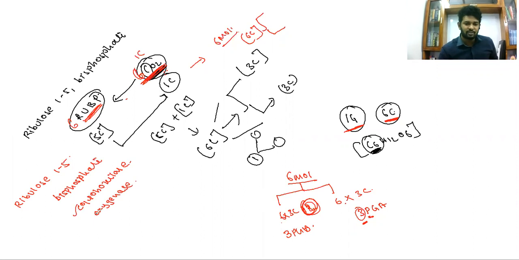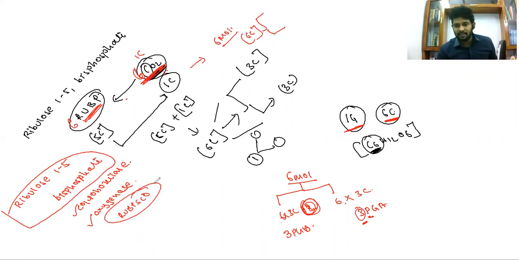Here I am using two words, carboxylase and oxygenase. This rubisco enzyme has the ability to absorb both carbon dioxide and also oxygen.